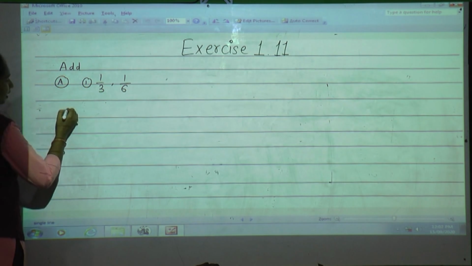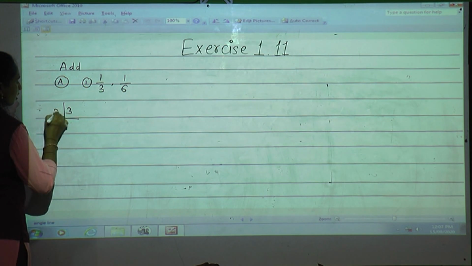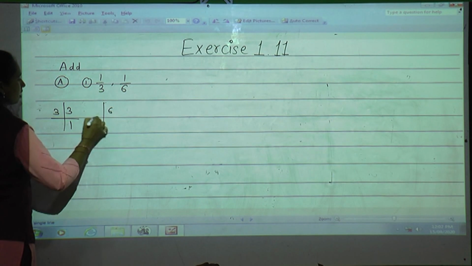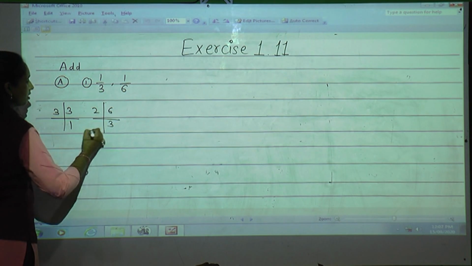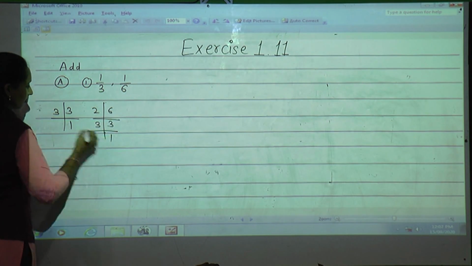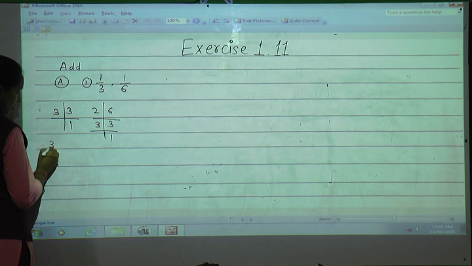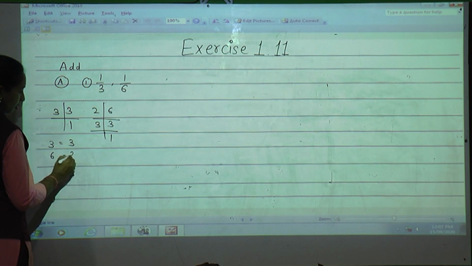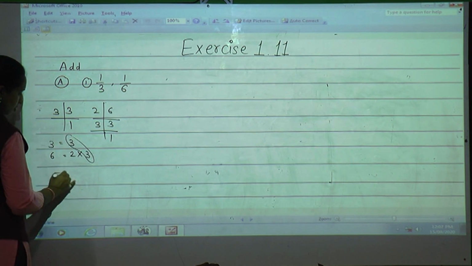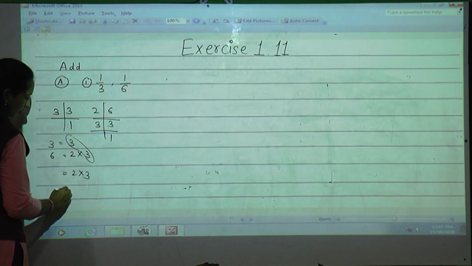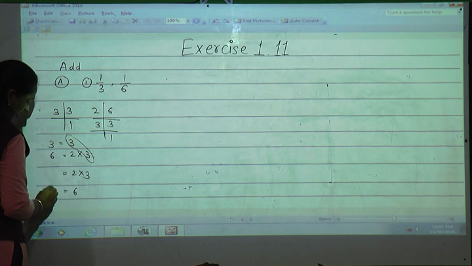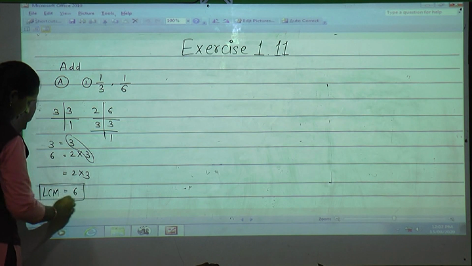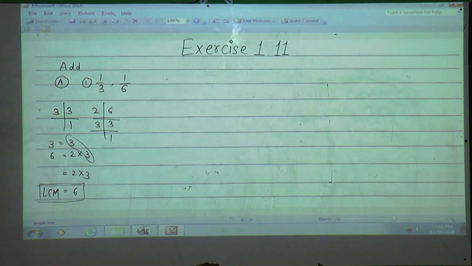So first we will find out the LCM of 3. 3 ones are 3. Now 6. 2 threes are 6. 3 ones are 3. Isn't it? The multiple of 3 is only 3. For 6, the multiples are 2 multiplied by 3. Now common is 3, so we will take it only once. 3 twos are 6. What is the LCM of 3 and 6? It is 6 only. Isn't it?